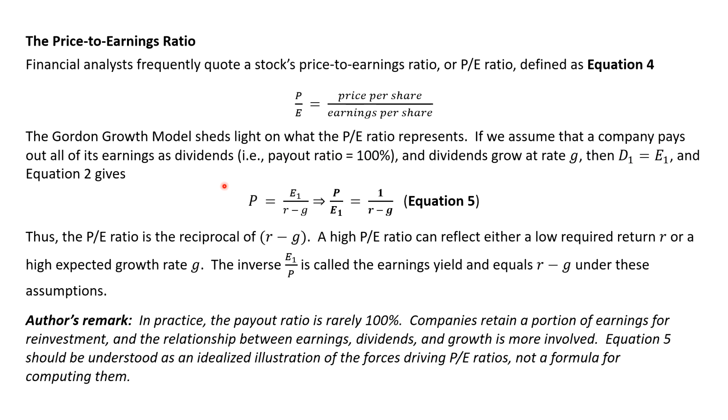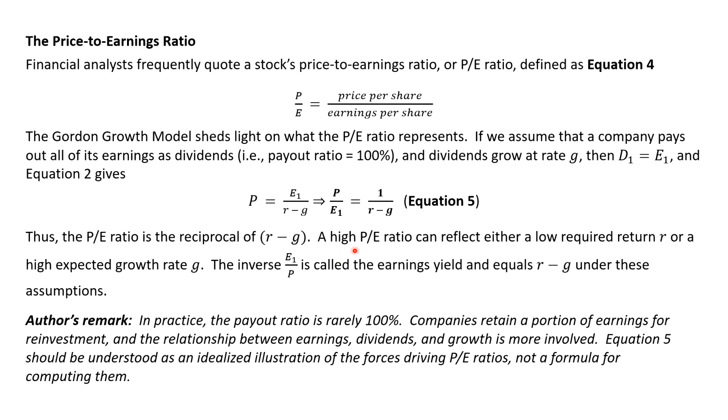Then you can plug that into the Gordon growth model formula, putting in E sub 1 for D sub 1. We get this here, and then we divide both sides by E sub 1 and get the PE ratio at the end of the first period. It's 1 over R minus G. We'll call that equation 5. And so the PE ratio is just the reciprocal of R minus G.